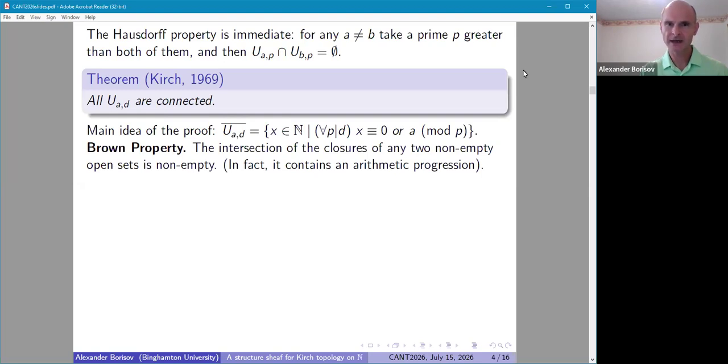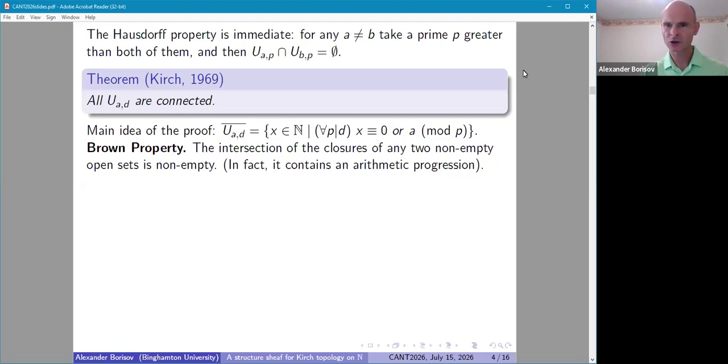It's a simple exercise. The main idea is if you take the closure of one of the arithmetic progressions, you get a bunch of arithmetic progressions, the set of all x that are congruent to 0 or a for all primes p dividing d. Well, you apply this not to U_{a,d}, but to smaller things. And it implies something that Clark, Lewis, Lockhart, and Pollack called the Brown property in honor of Morton Brown.